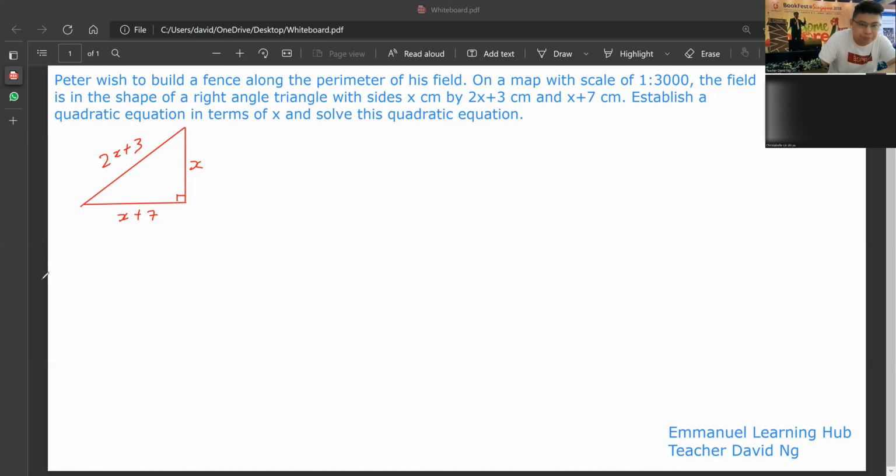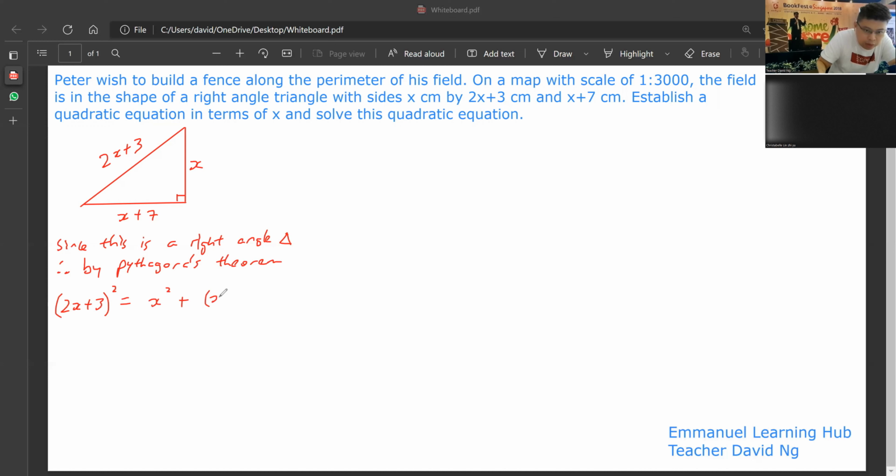So the quadratic equation. Since this is a right angle triangle, therefore by Pythagoras theorem, 2x plus 3 all squared is equal to x squared plus x plus 7 all squared.